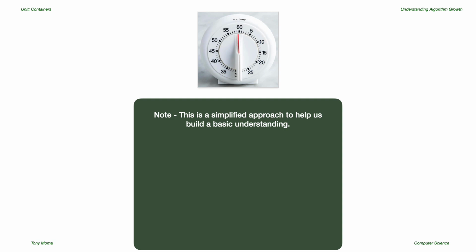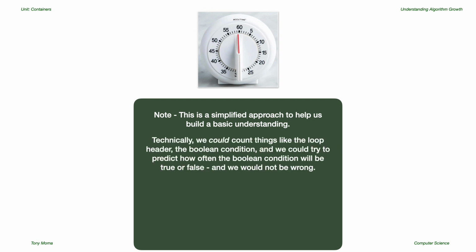That all being said, just to summarize, once again, this is a simplified approach to help us build a basic understanding. Technically, we could count things like the loop header, the Boolean condition, and we could try to predict how often the Boolean condition will be true or false instead of just assuming it's true. And we would not be wrong to do that.